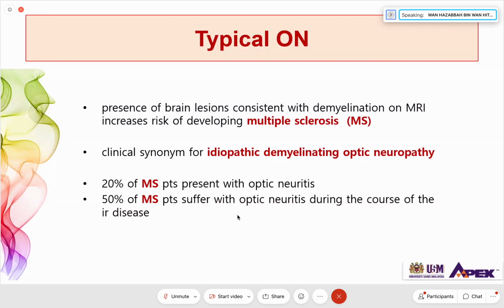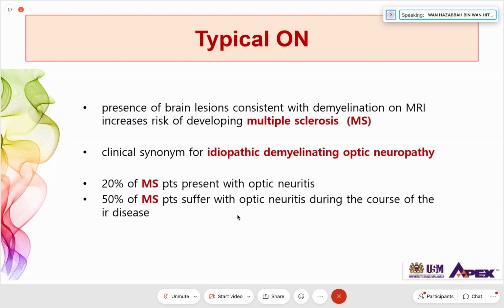Sometimes it may present very early, so you can expect a lot of changes. Sometimes it's just very mild, and you won't be surprised if you can't see any changes on the MRI in some patients. This is also known as idiopathic demyelinating optic neuropathy.